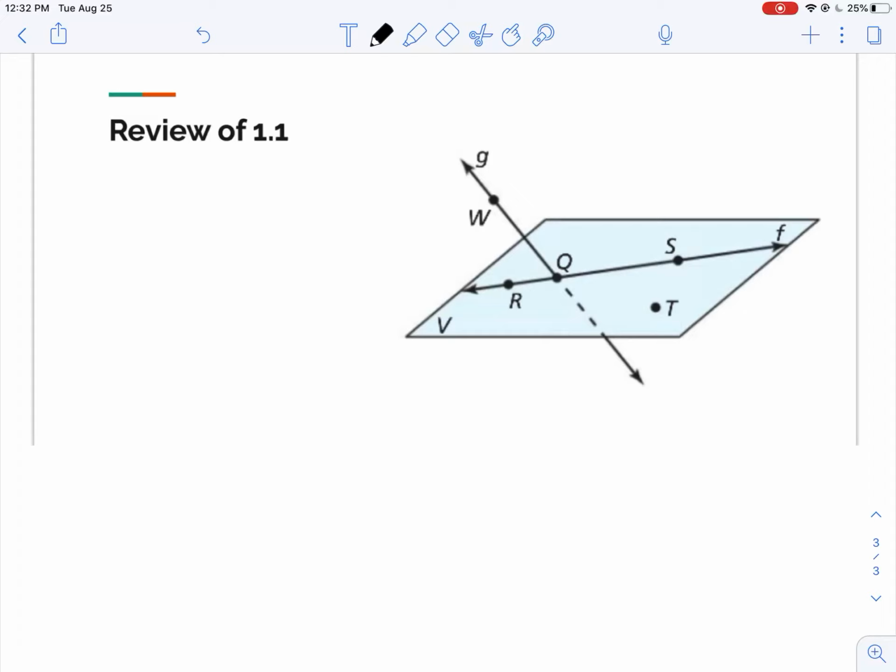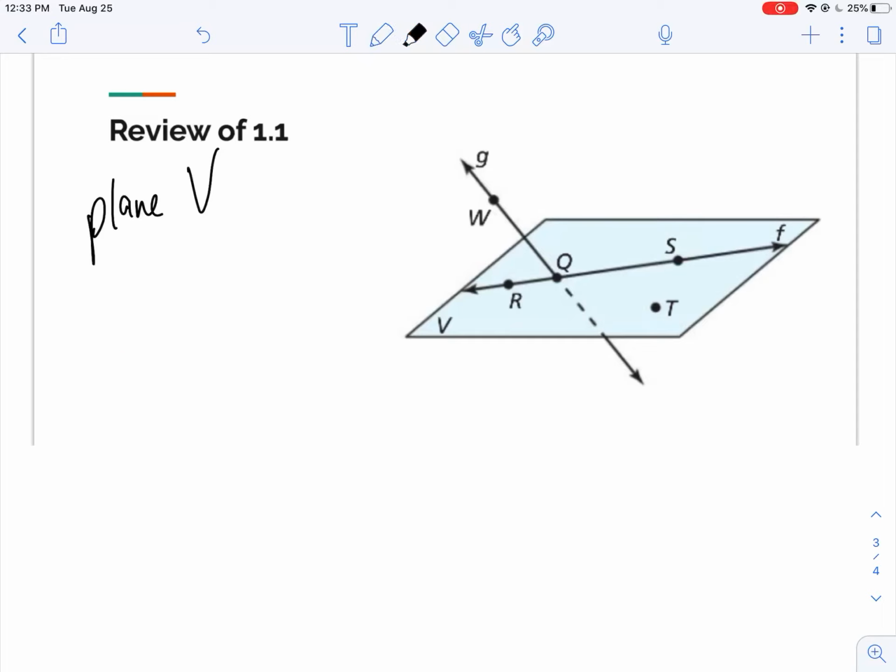And then lastly here, I'm looking at a plane. This is not a point. No dots around it. So I could name this plane V if I really wanted to. That's kind of obscure, so I'll highlight it in black. It's not the way that most kids would name it. But you can name this plane.